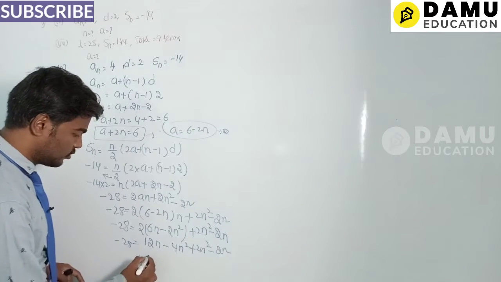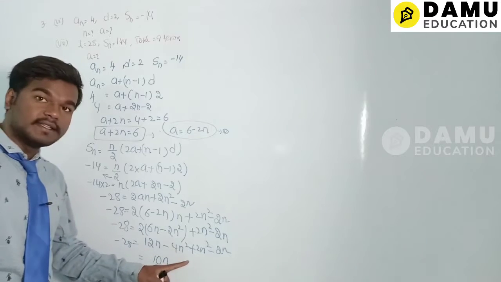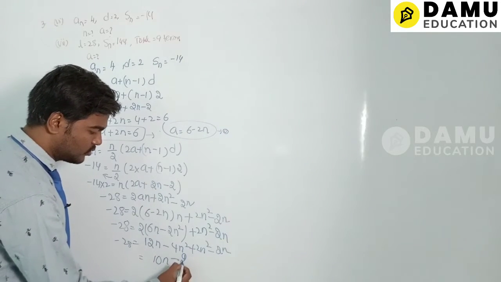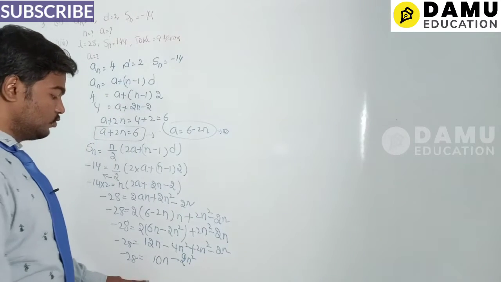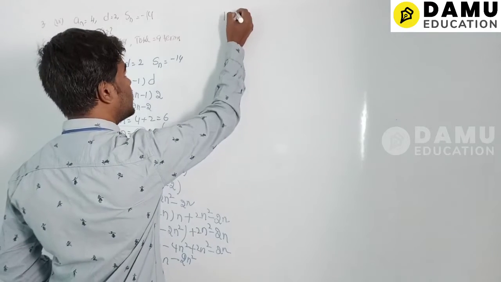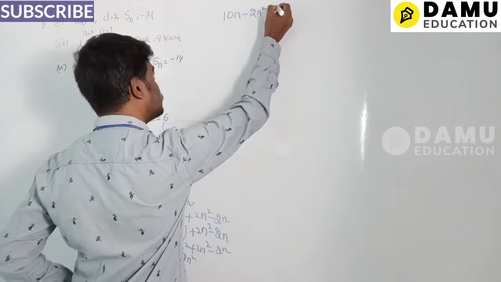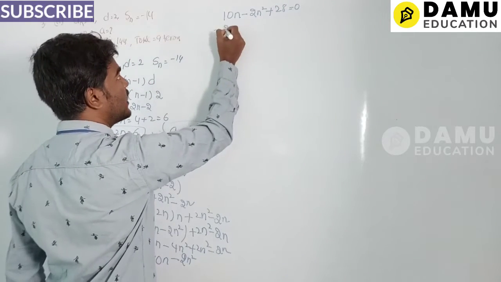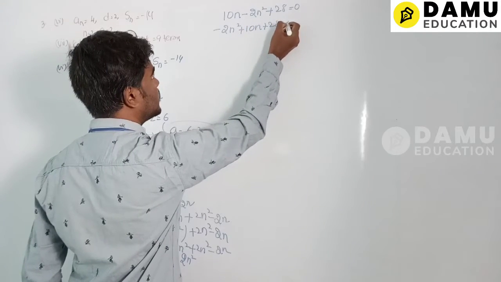So 12n minus 2n we will get as 10n, correct? 12n minus 2n will be 10n, minus 4n square plus 2n square is minus 2n square, will be equal to minus 28. So this is the value. Let's continue here. So 10n minus 2n square plus 28 will be equal to 0. So this is the expression. So let's write minus 2n square plus 10n plus 28 will be equal to 0.